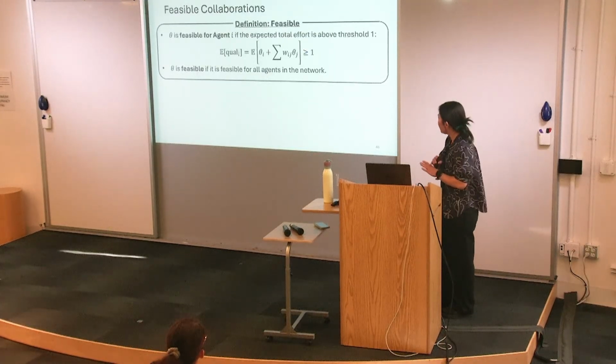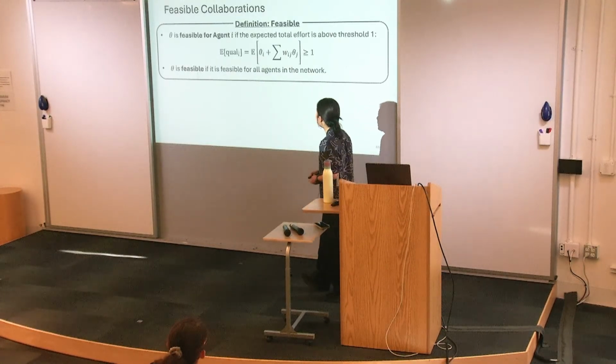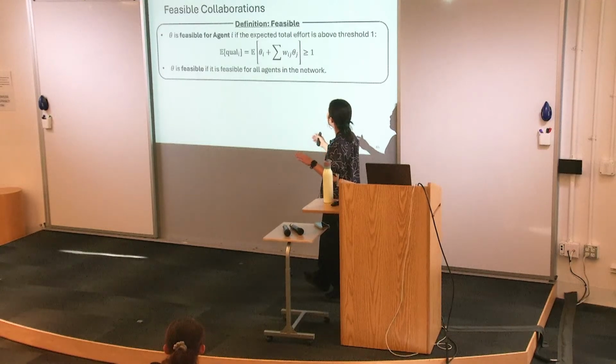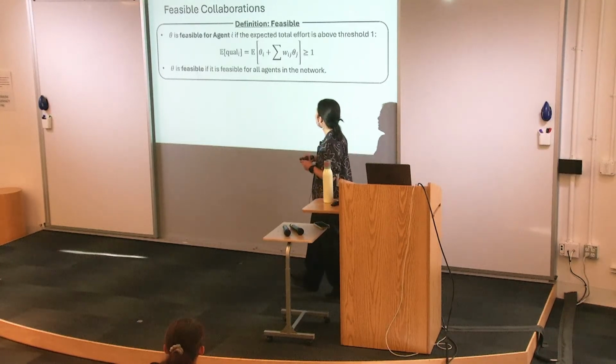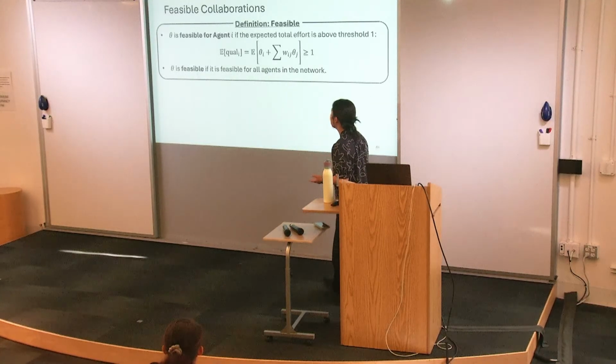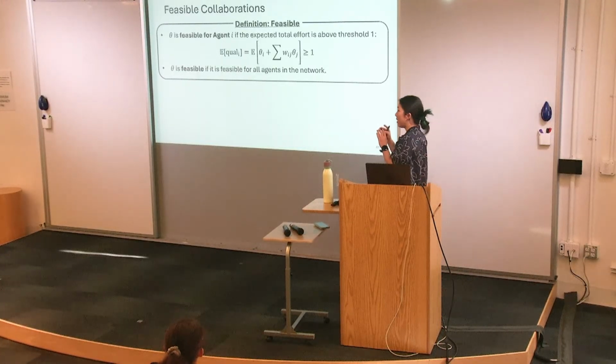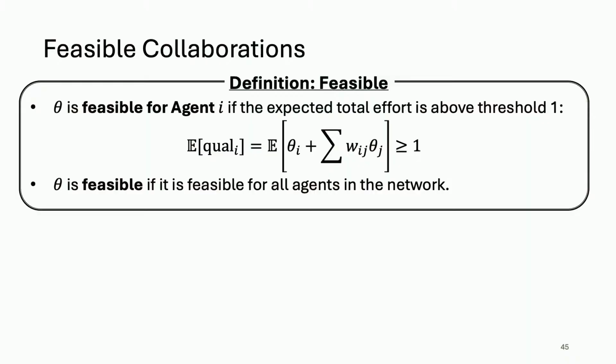Okay, so no matter what kind of information is shared with agents, we can define the feasibility of the collaboration. We say a collaboration theta is feasible for agent i if the expected total effort is above the threshold. That is to say, in expectation, the quality of their task is greater than when their objective is satisfied.